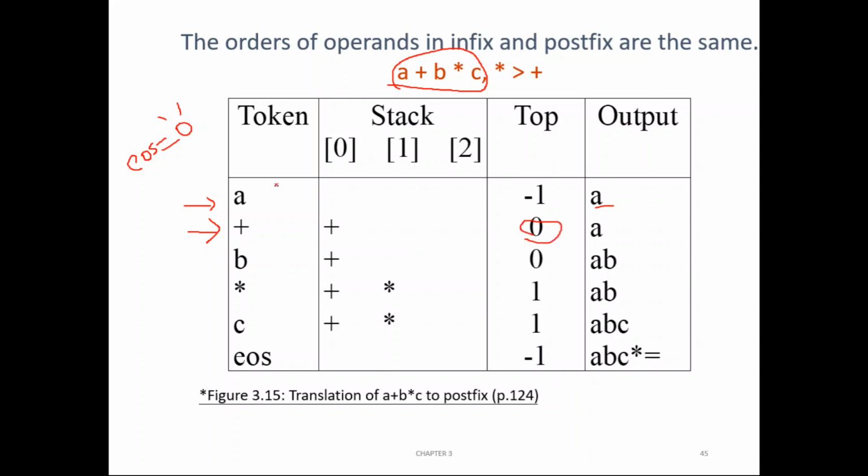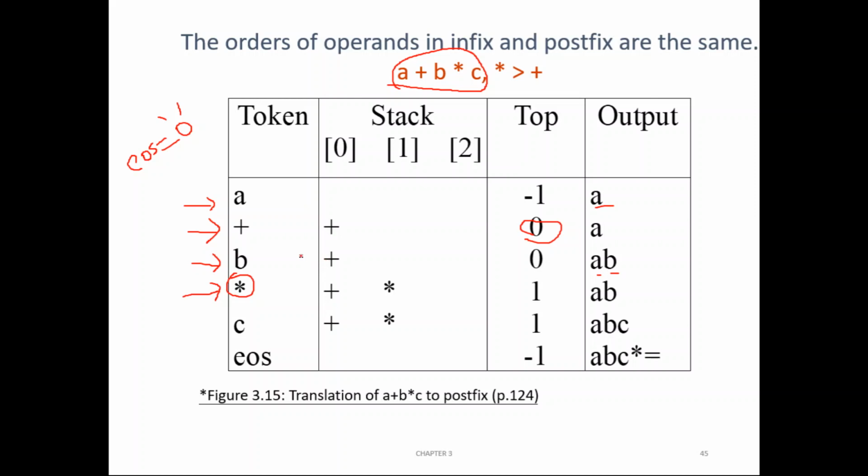The next token is B. B is an operand, so just display it. So after A, B is displayed in the console. The next token is star, an operator. It's not an open or close bracket, and not an operand. Now compare with the in-stack precedence. The in-stack item is plus.